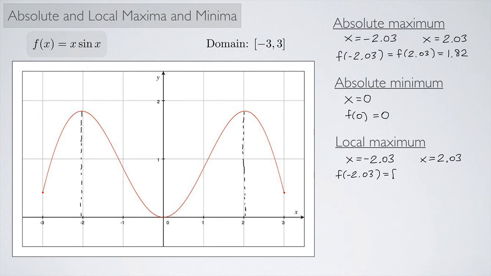So f of -2.03 is the same as f of +2.03, and that's equal to 1.82. And how about a local minimum? Well, the local minimum, again, is the same as the absolute minimum. So that's x equals 0, and f of 0 equals 0, and that's because this is the lowest that the graph gets.